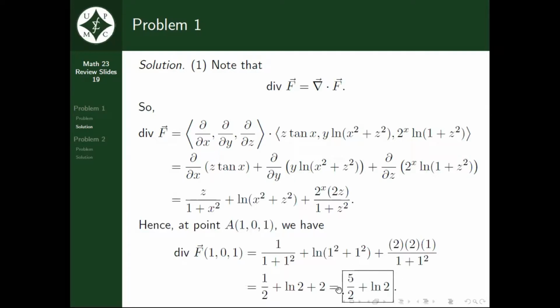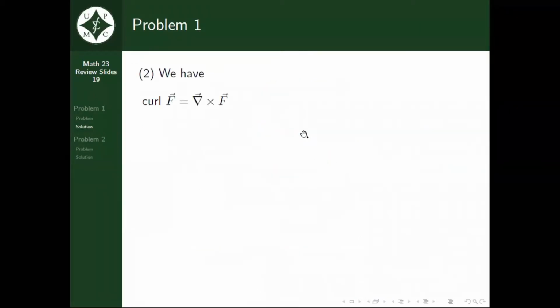This is the divergence of f. If f is of 2 dimensions only, you may omit this. And that's just the dot product. This is pretty straightforward. So we proceed to the next sub-item.